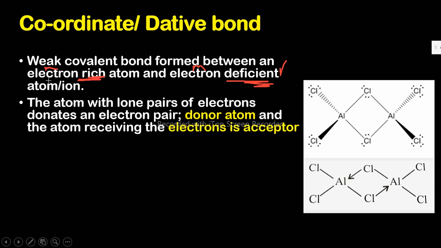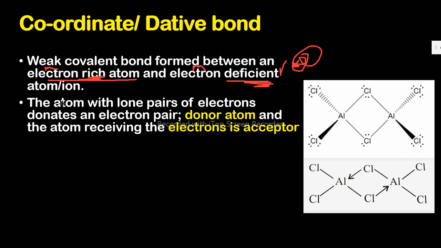So the electron-rich atom is the one that donates the electron pair. And the electron-deficient one just brings the stomach, the vacant orbital over which the 2 electrons will be donated. Are you getting?